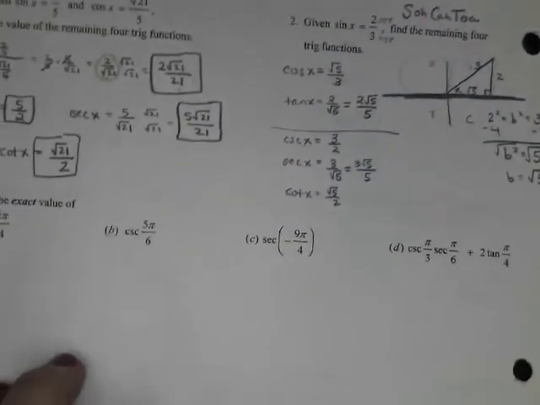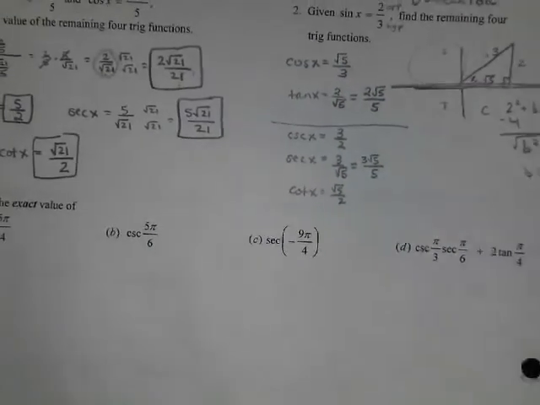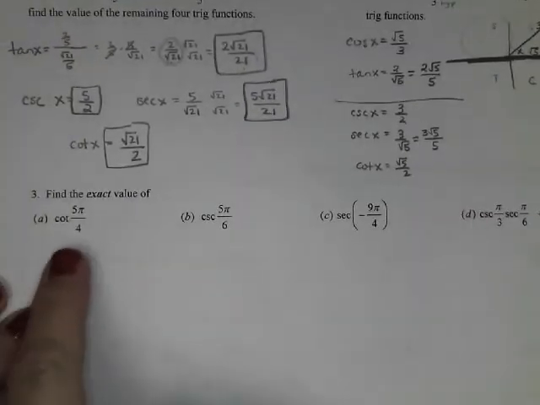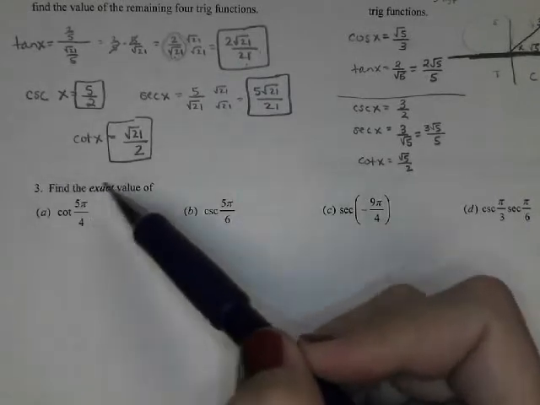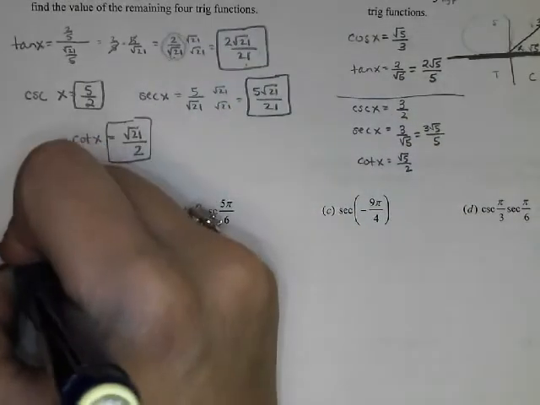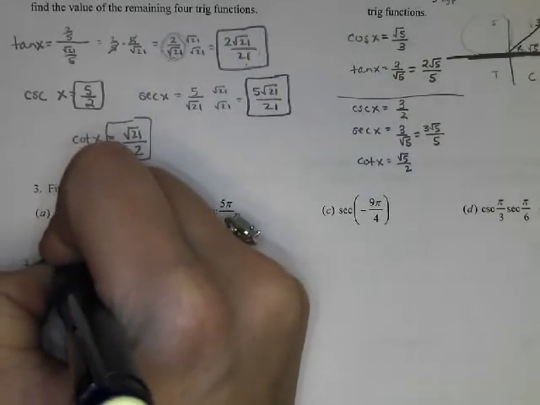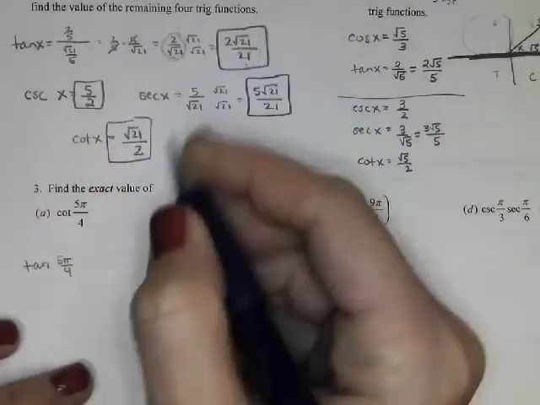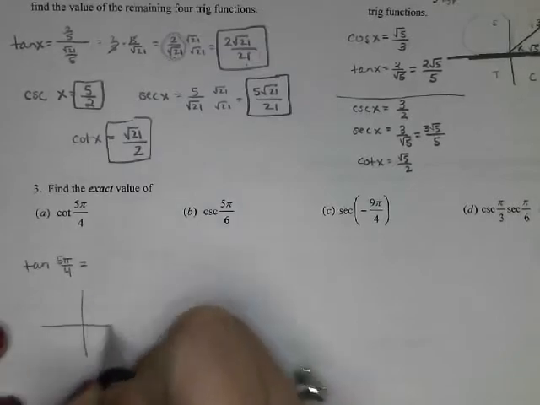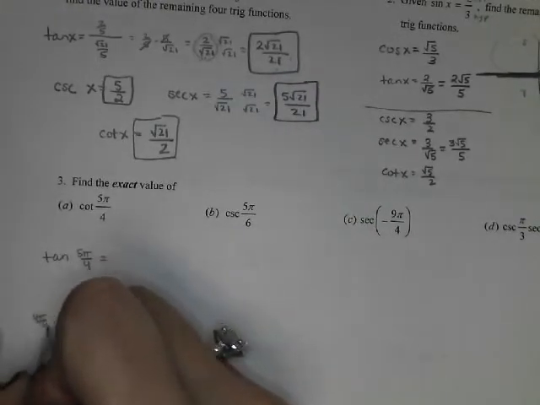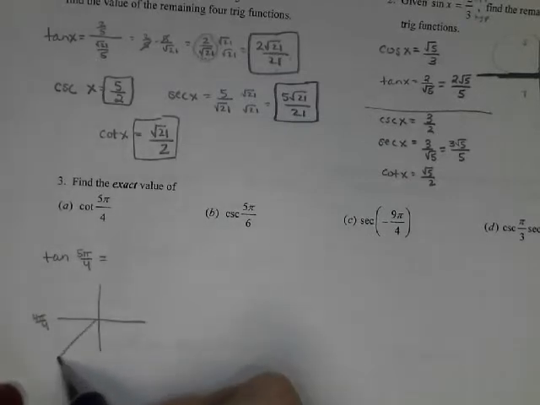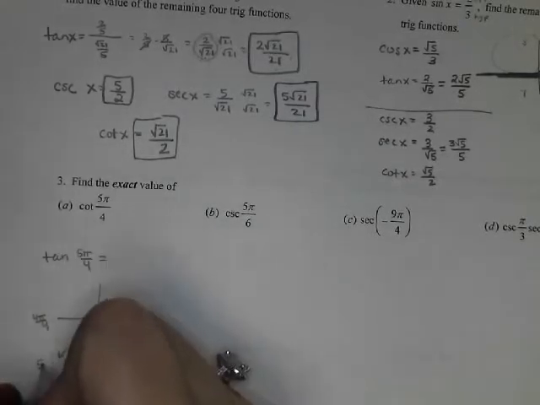Alright, for exact values. Again, I'm going to find my exact value of the reciprocal one, and then I'm just going to flip it. So to find the cotangent of 5 pi over 4, I'm going to first find the tangent of 5 pi over 4, which is, it's over 4, so this is a 4 pi over 4, which means a 5 pi over 4 is down here.